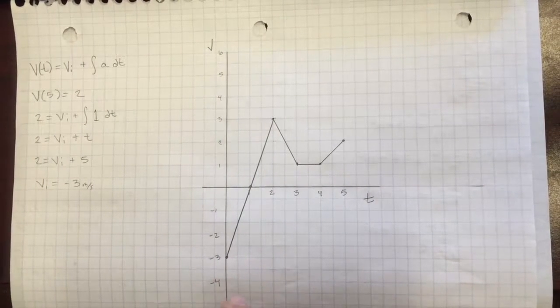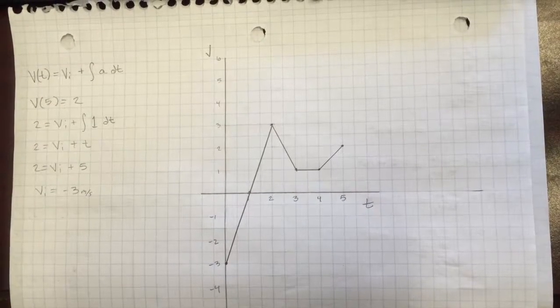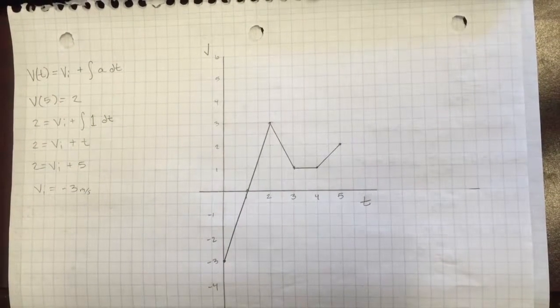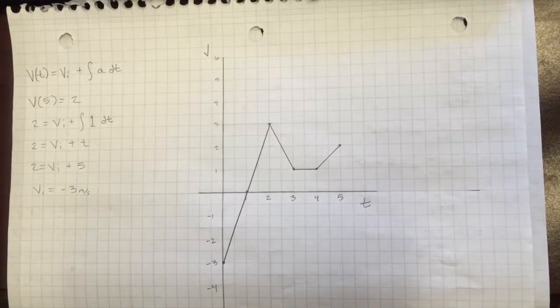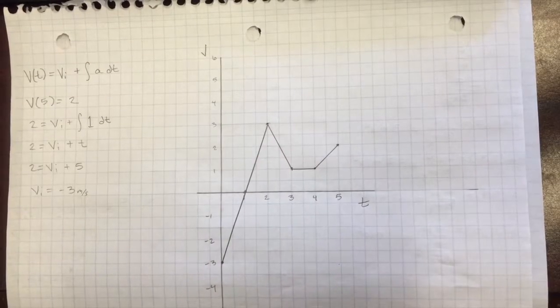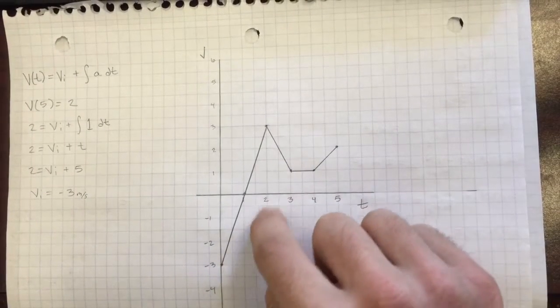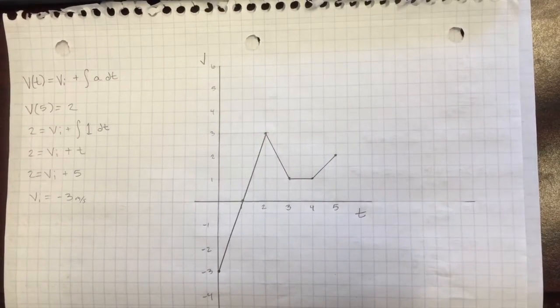From 0 to 2 seconds the velocity is increasing at 3 meters per second squared based off of our acceleration calculations. So it's going to increase a total of 6 meters per second over 2 seconds, and we're at 3 meters per second.